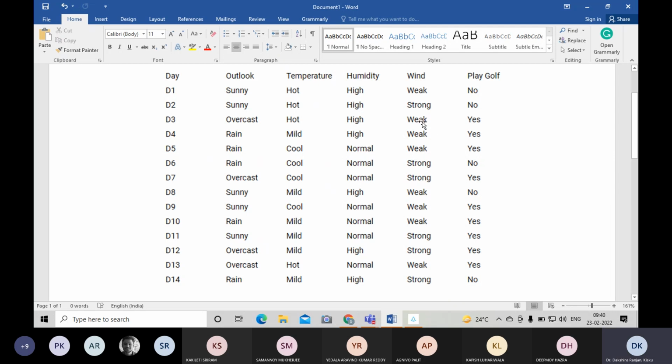Let's say 1 2 3, then 4 5 and 6. So here we will write 6 by 8 log of 6 by 8, minus.